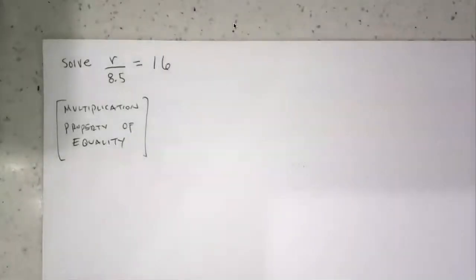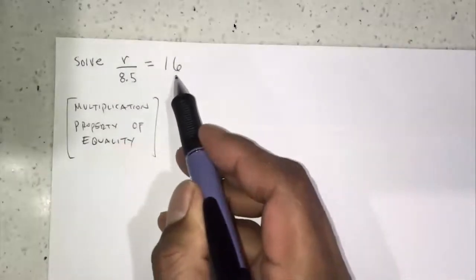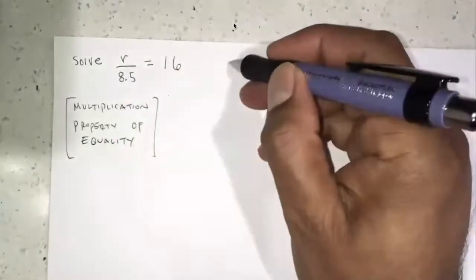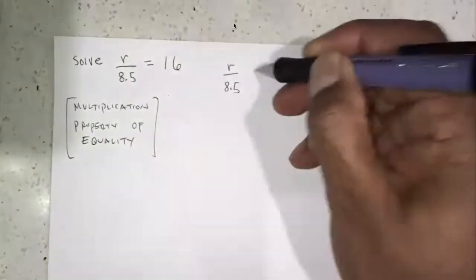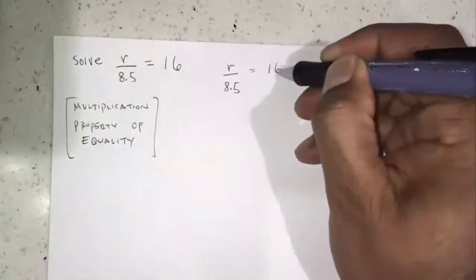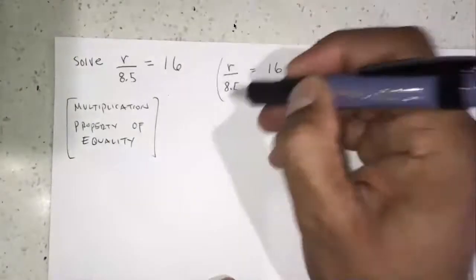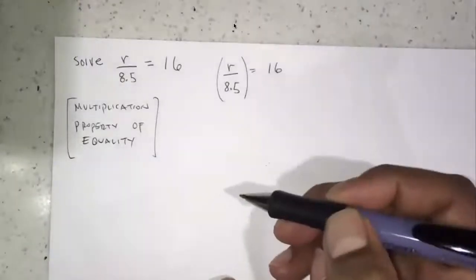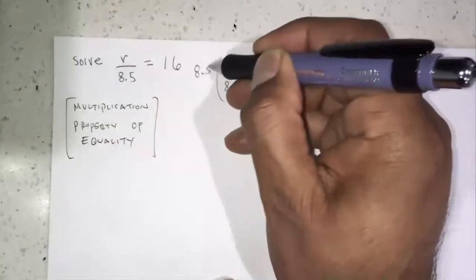And that simply means what we do to one side of the equation, we must do to the other side. So as I was showing you to solve the previous two problems with division, this one requires us to multiply both sides by 8 and 5/10.